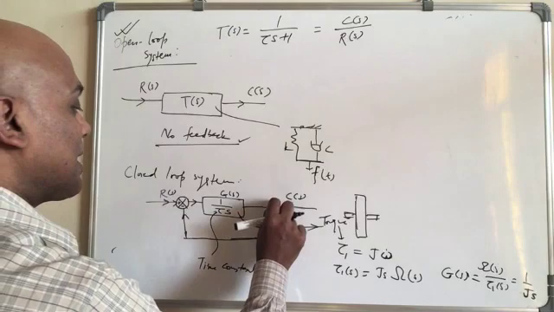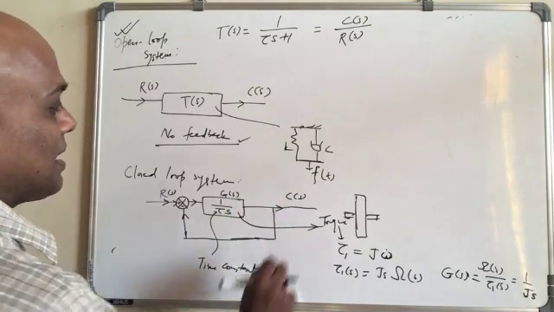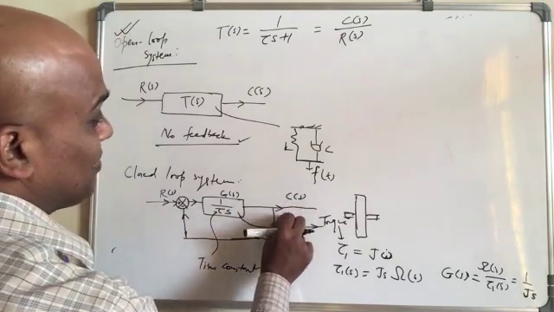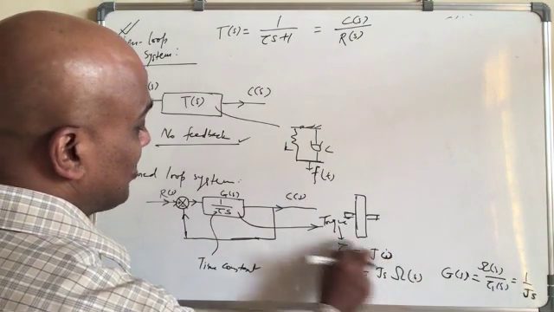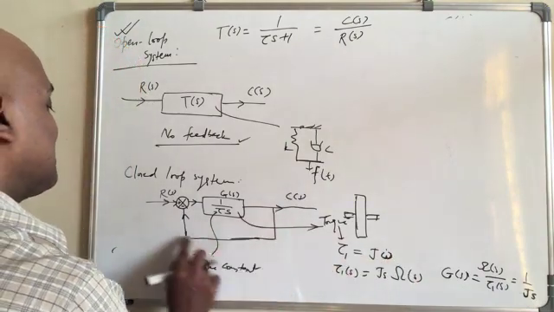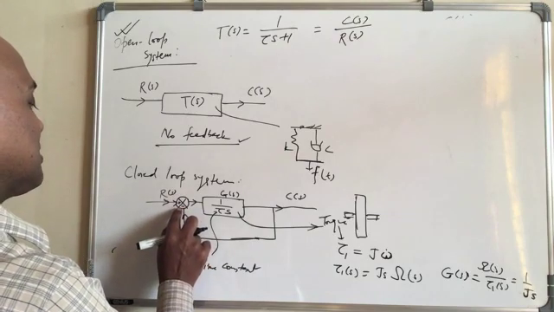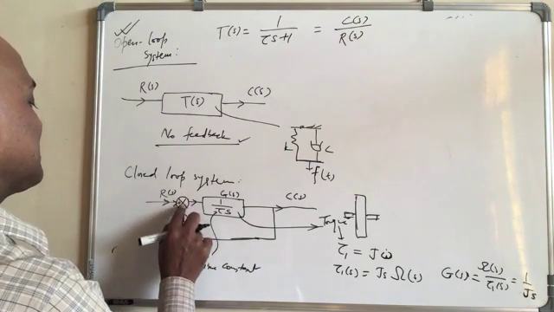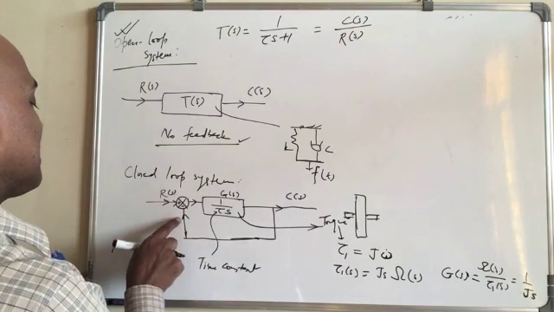And now let's make a feedback loop, meaning that I'm measuring the output, this omega is angular velocity. We are measuring the velocity and giving the feedback to this adding junction, and then we are comparing.